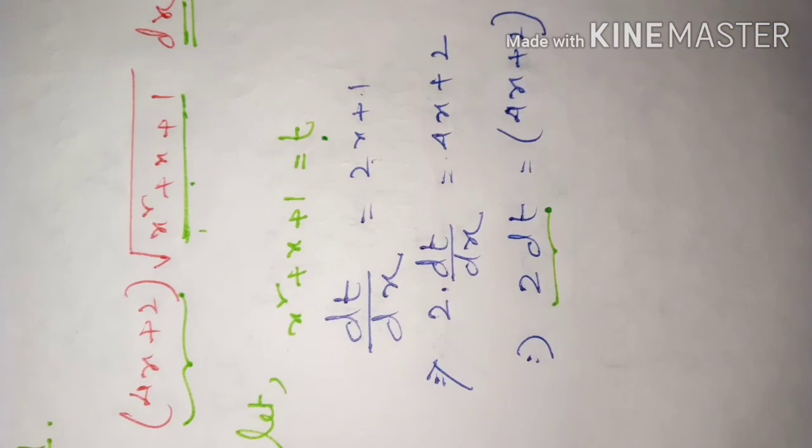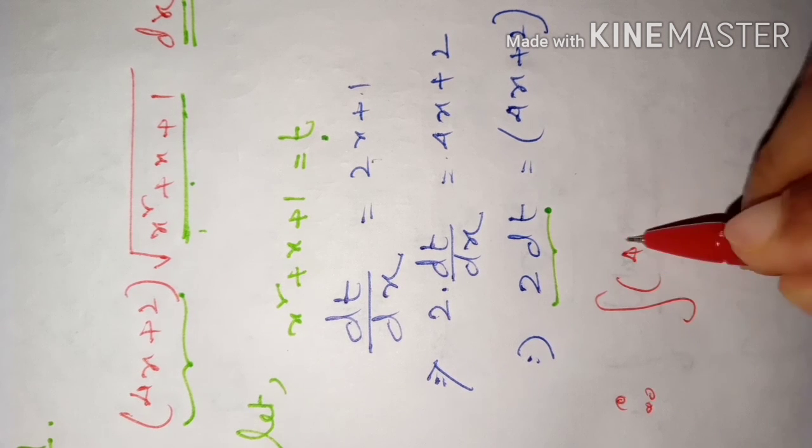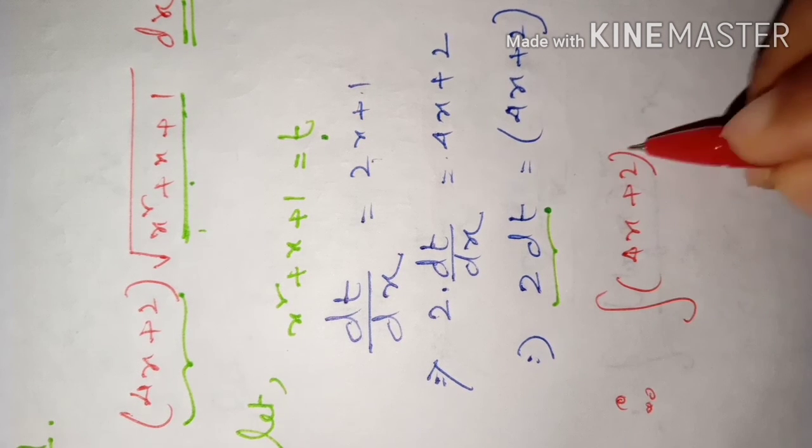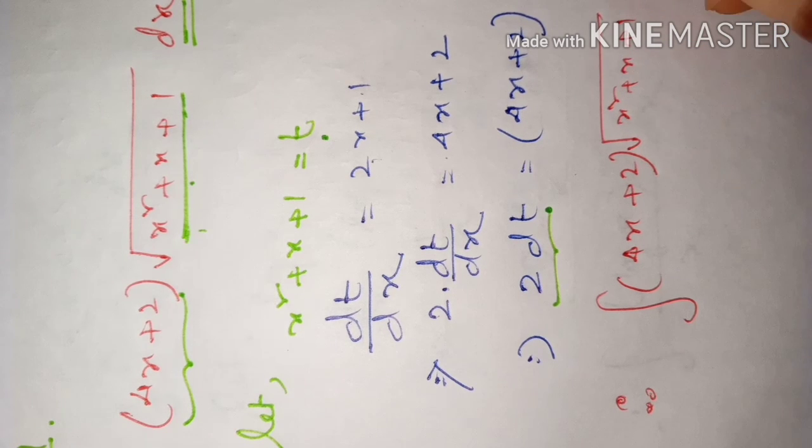So now our original problem was 4x plus 2 into under root x square plus x plus 1 dx.